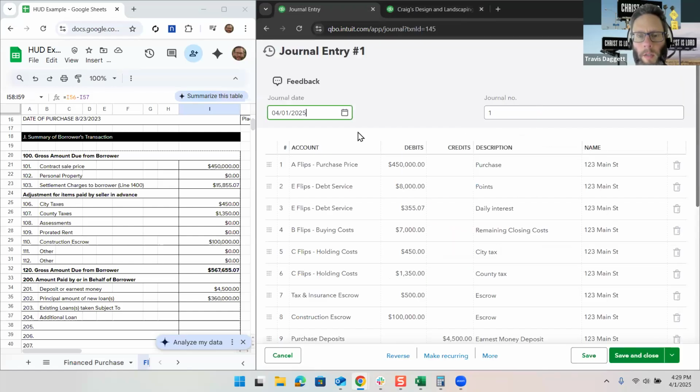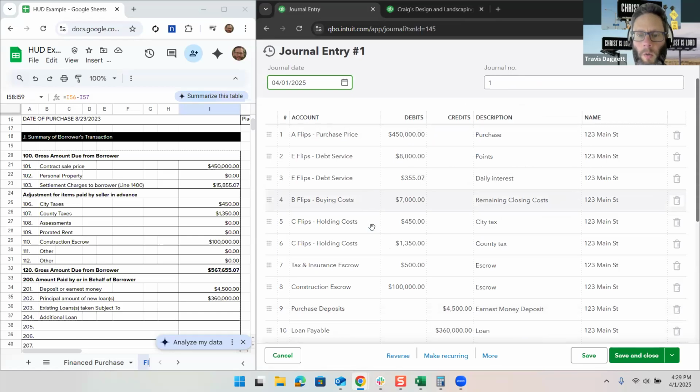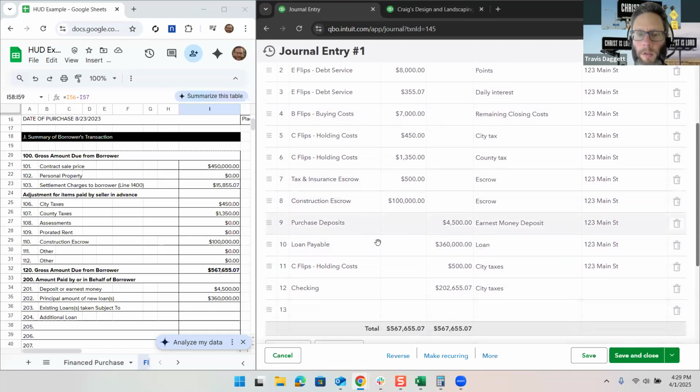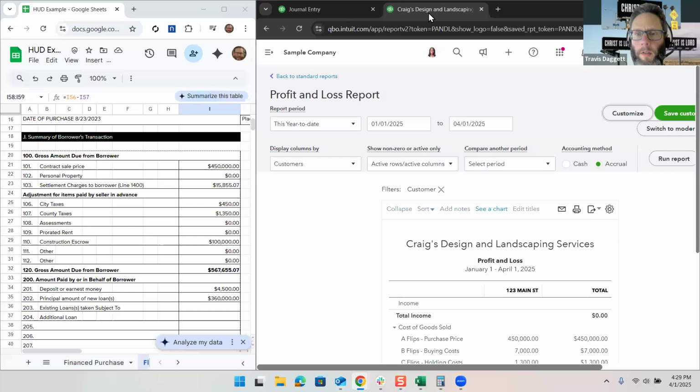Yep. Buying costs. Yep. Holding costs. These are going to be on the balance sheet. Balance sheet, balance sheet, holding costs. Yep. Okay, great. Let's look at the balance sheet.